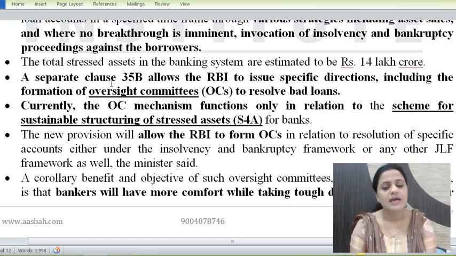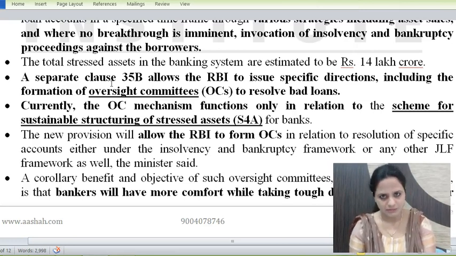In some cases there may be more loan required because a company which has taken a loan is short of the amount, so there's viability gap funding as it is called. So some more loan may be provided so that it can become viable and repay the loans as well. Then some can be converted into equity in the company to which the loan has been given. So such steps are required.